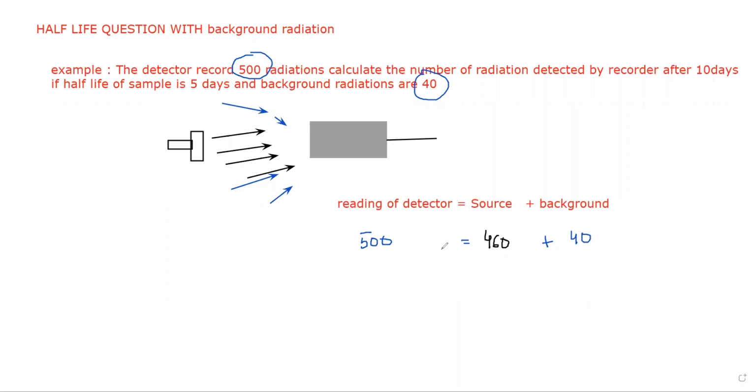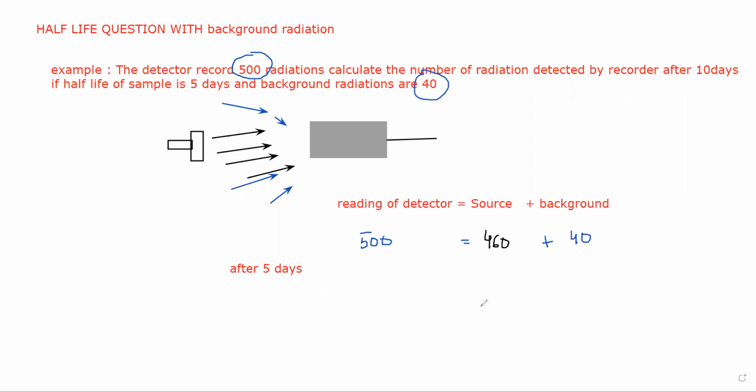After a half-life, only the source radiation will become half. The background will not change. So after one half-life, after 5 days, what will be the source radiation? What is half of 460?